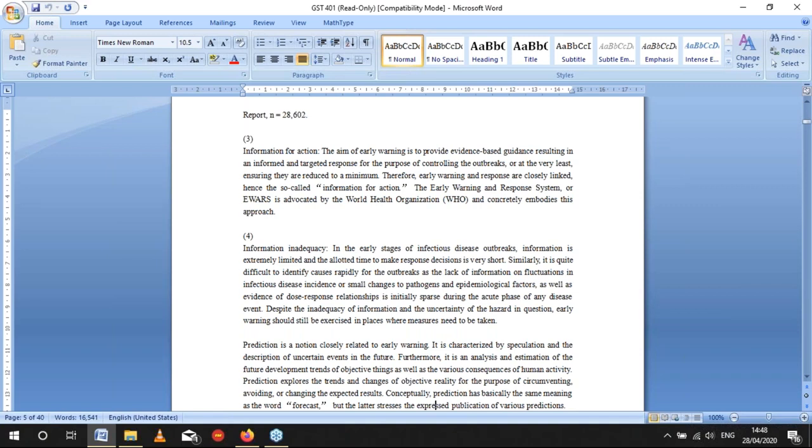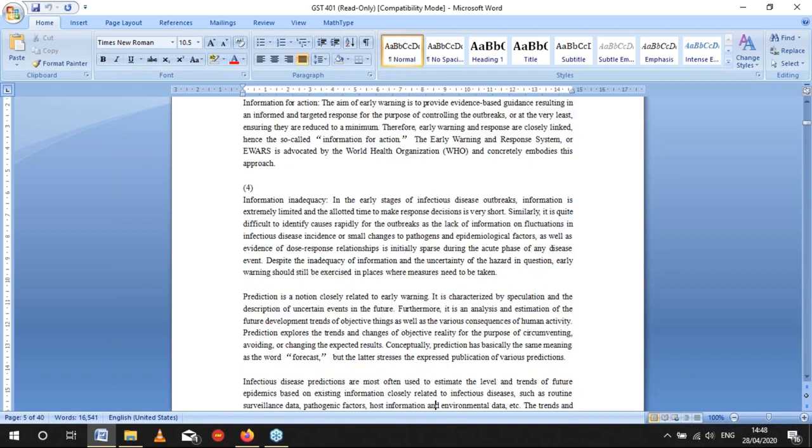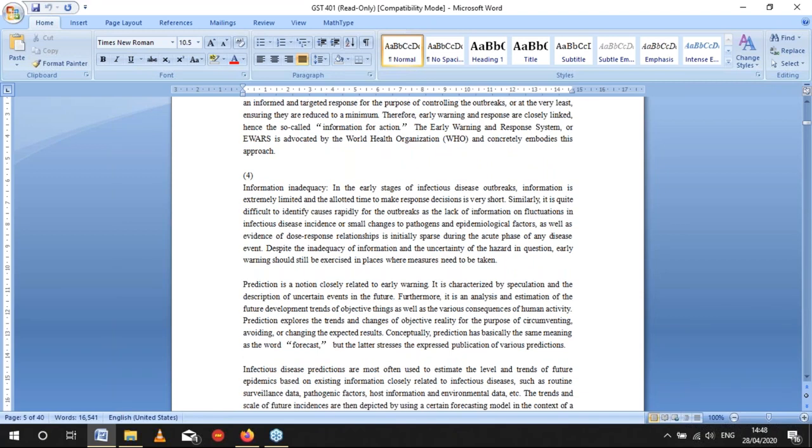Surveillance information is a way of giving information on the occurrence, which must be based on timely and accurate surveillance data. That is number 1. Number 2 is timeliness.